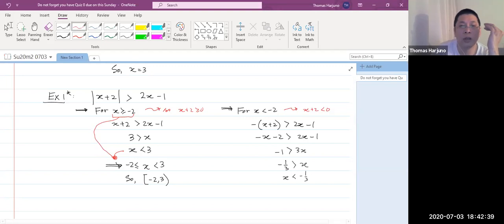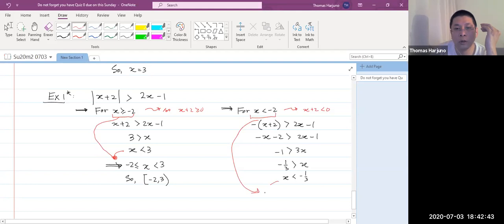Now, together with this, x has to be less than -2, but at the same time, it also has to be less than -1/3. If you imagine the number line, it has to be less than -2 and also less than -1/3. Let me shade them, less than -2 and less than -1/3.